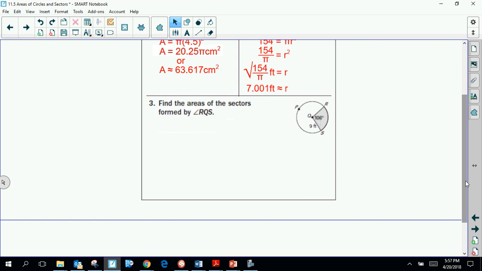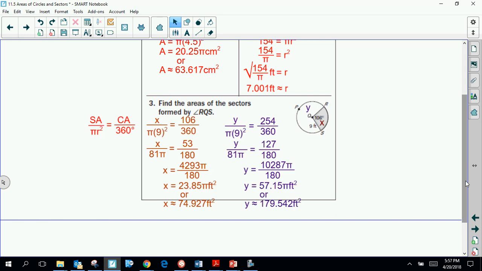Now the last one here, find the area of the major sector and the minor sector. So here I'm going to work this out using the proportion that we have. So the minor sector, I'm calling that x. And so I'm going to substitute the values, simplify the fraction, and then just cross multiply.